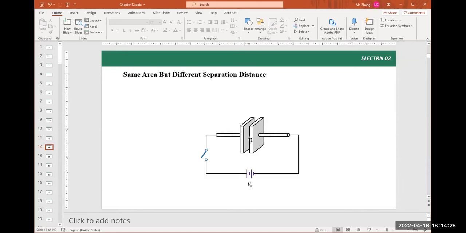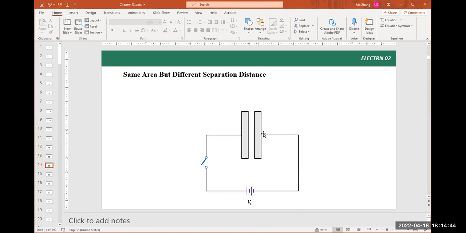So here we get a parallel plate capacitor, and we put it in a circuit. The circuit has one open switch and a DC source called VS, where S stands for source. Let's use this 2D symbol, easier than the 3D one.